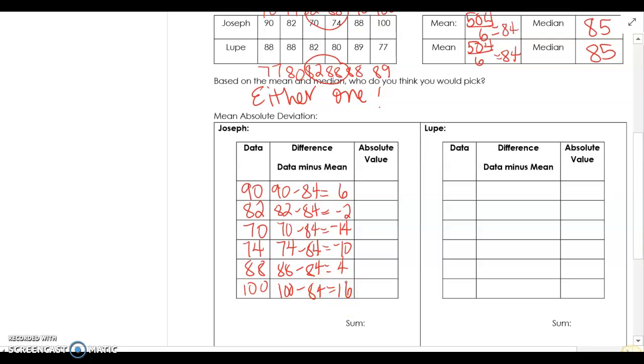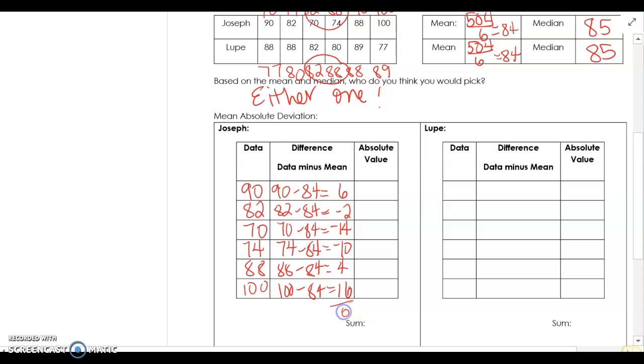One way to check if you've done it correctly is to add up these values prior to finding the absolute value. If you add 6 plus negative 2, that's 4, plus negative 14, that's negative 10, plus negative 10, that's negative 20. Negative 20 plus 4 is negative 16, and then negative 16 plus 16 is 0.